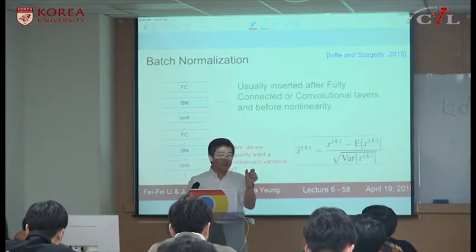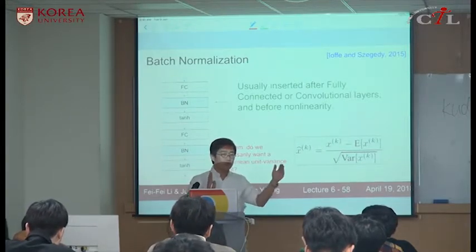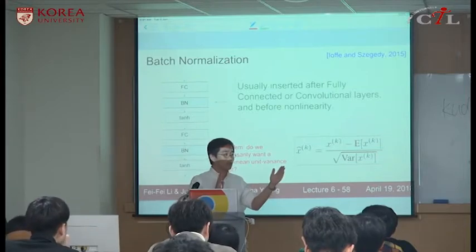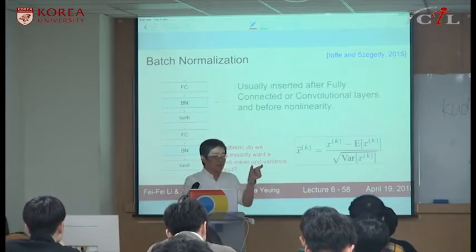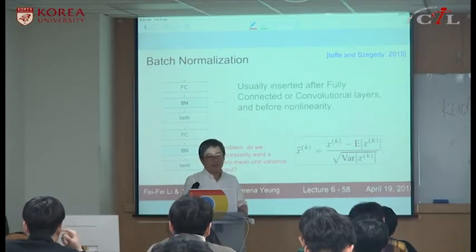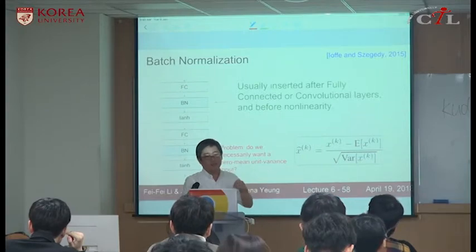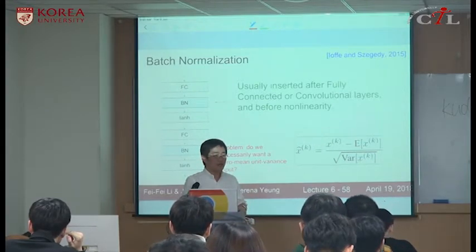And then we can do this kind of normalization on the entire training data, 100 data items. But instead of doing so, why do we only use the mini batch, compute the mean and the variance from that mini batch, and then use it to normalize that data?